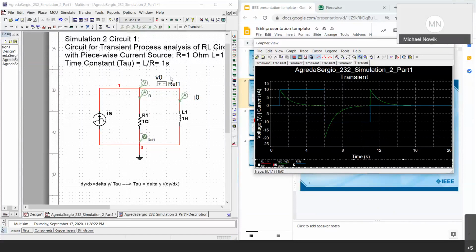The V for the inductor, the current, and the current source, and I think there's a third one, but my vision's not that good. I can't really see the third one. Maybe that's just IR. Oh, it's IR. This is the current going through the resistor.